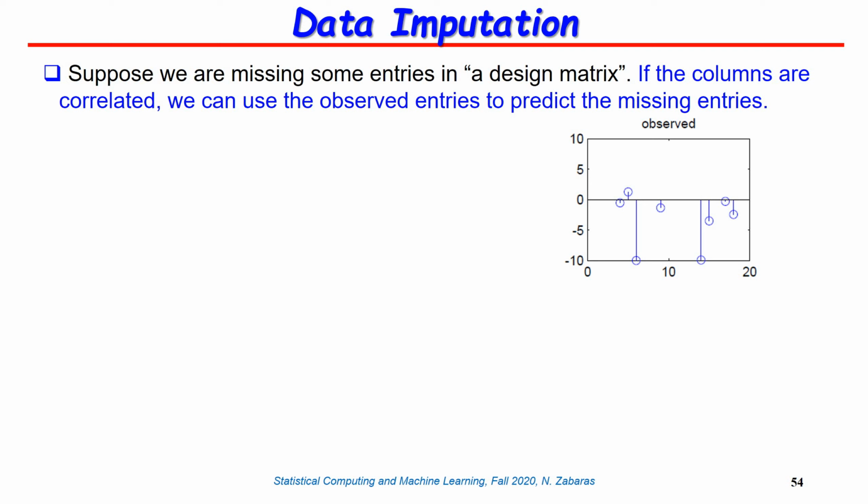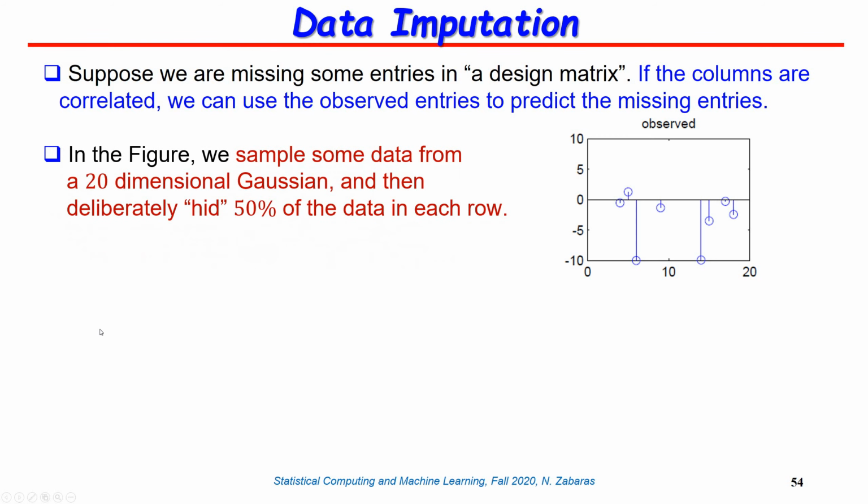Again, what you need to do is basically produce, exactly as we did in the earlier example with interpolation, P of x1 given x2, okay? x2 are the given elements in each row and x1 are the missing elements, and this corresponds to the so-called data imputation problem.